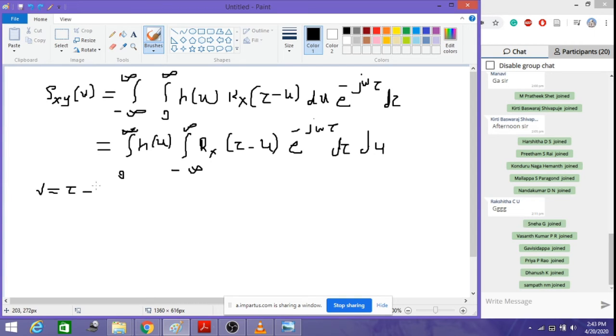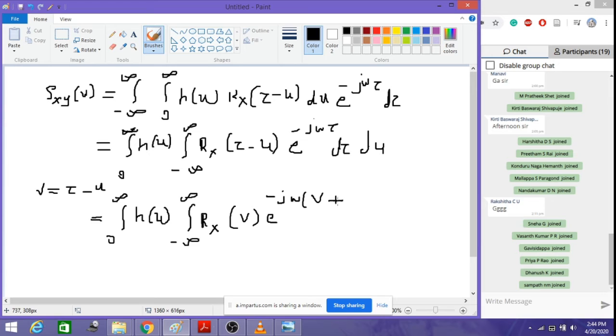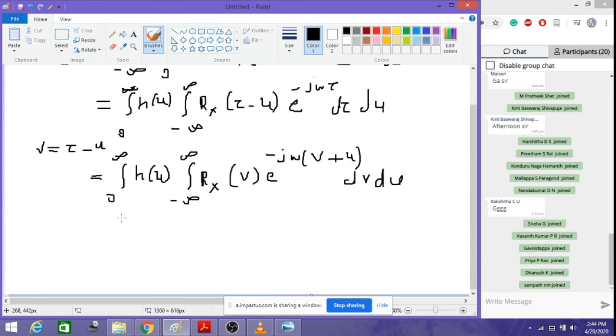So this is equal to the integral from 0 to infinity of h of u into the integral from minus infinity to plus infinity of Rx of v into e power minus j omega, where tau can be written as v plus u, into dv into du. Now the tau term becomes v plus u.